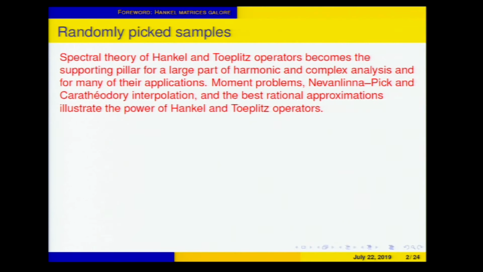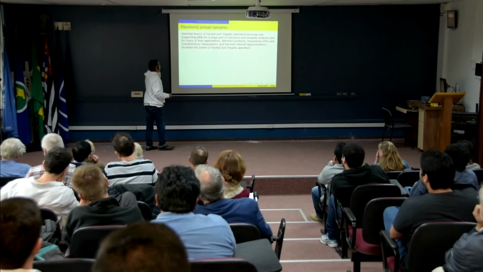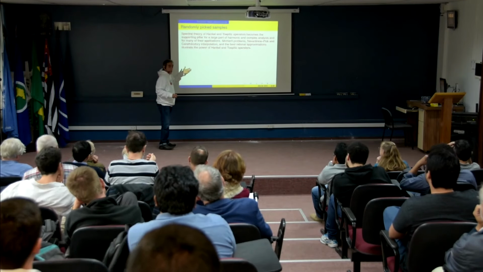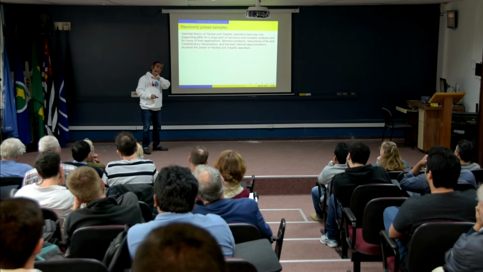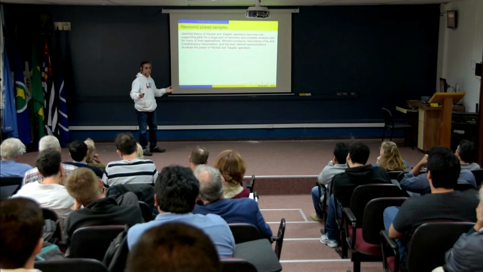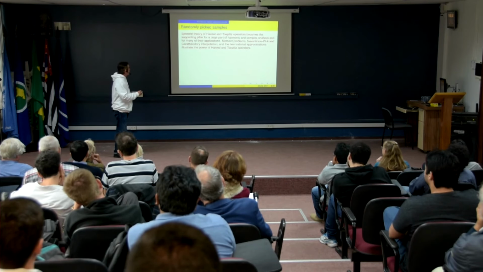Maybe Toeplitz matrices are more famous, at least in analysis and optimization, because they use it more. But it's the same. Instead of going anti-diagonal, you go diagonally. It's the same properties, same ideas. Here's some more.